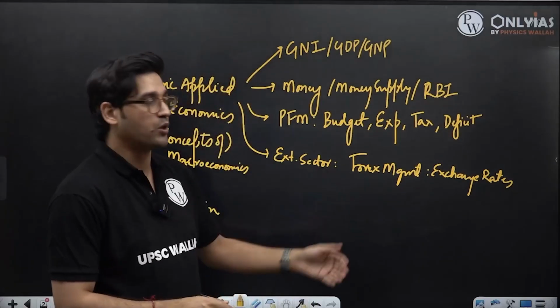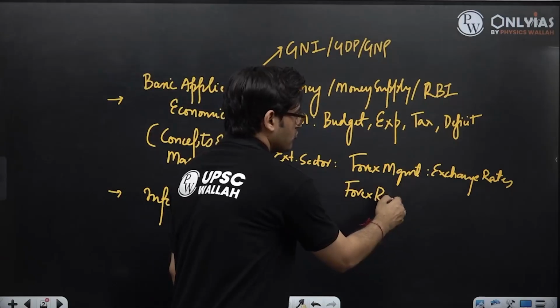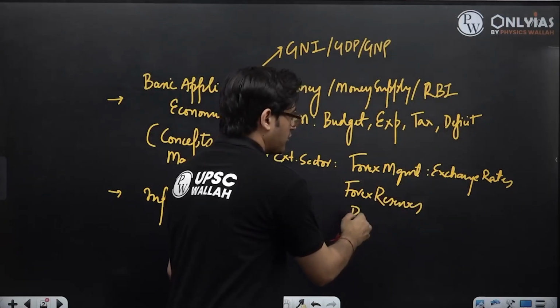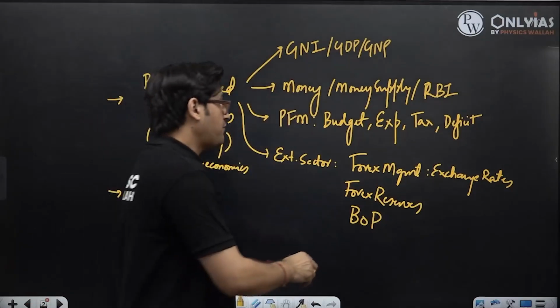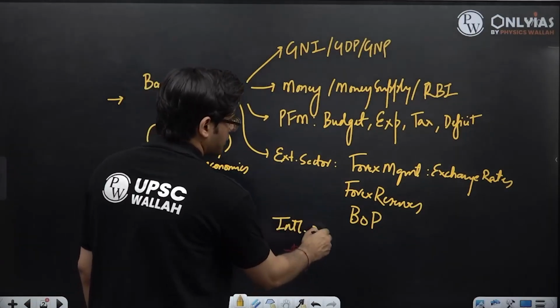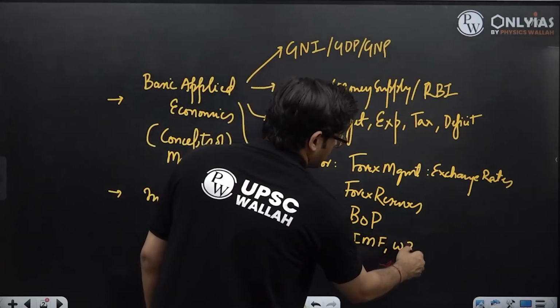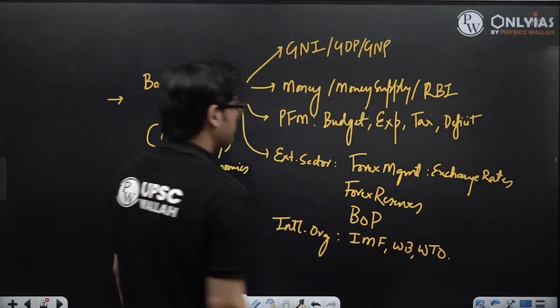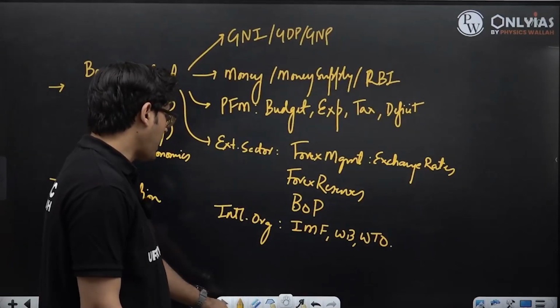Thereafter, we'll also have to talk about forex reserves management. Thereafter, we have to talk about something which is called the balance of payments. Thereafter, we will have to talk about some international organizations, like I said, IMF, the World Bank, and the WTO, followed by some questions on trade and investment.